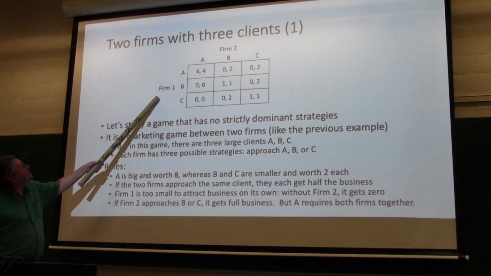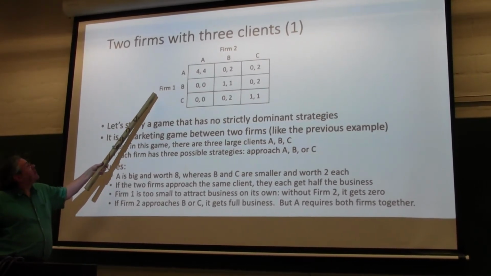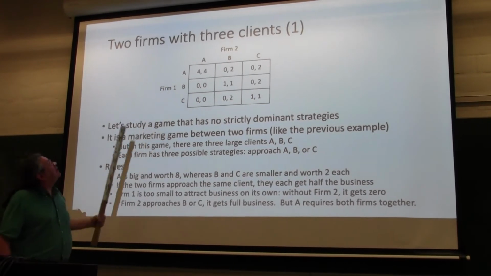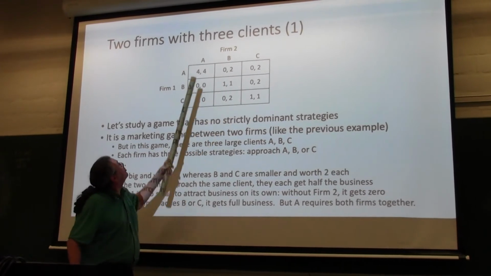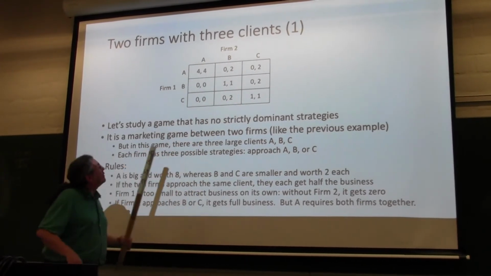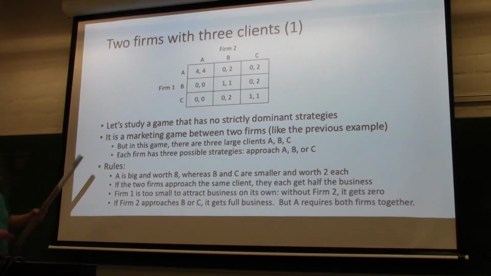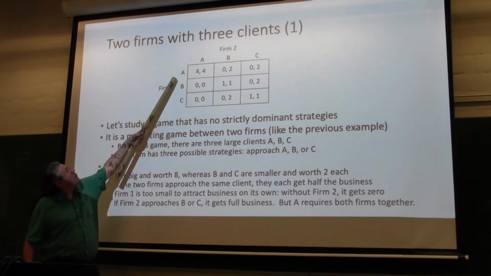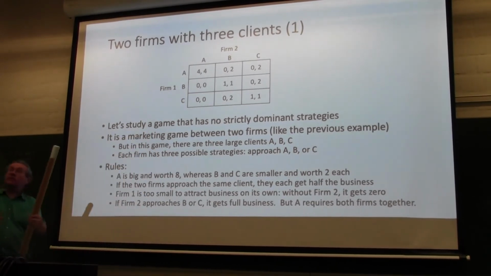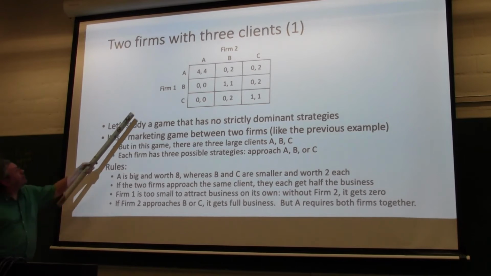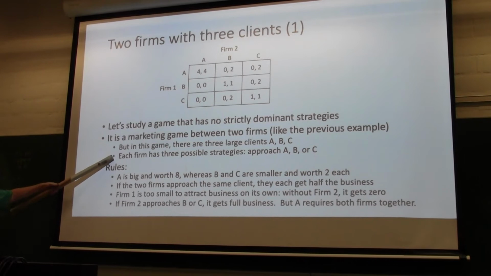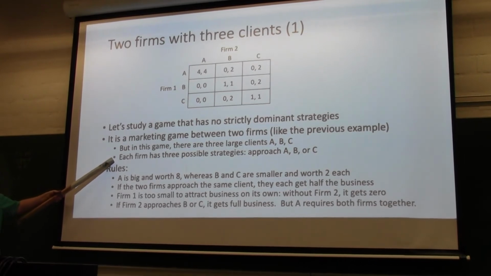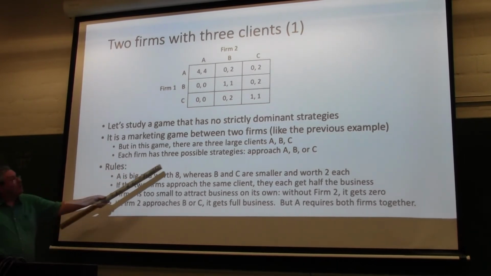Firm 1 can sell the garbage that they make to A, B, or C. And firm 2 can also sell their version of the same garbage to A, B, or C. So firm 1 can talk to A's representative and say, I will sell to you. Or firm 1 can talk to B and say, I will sell to you. So each firm has 3 possible strategies: talk to A, B, or C.